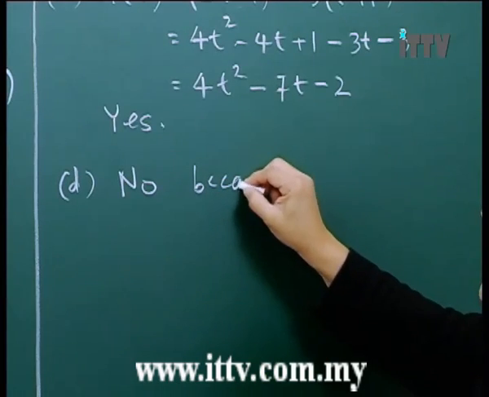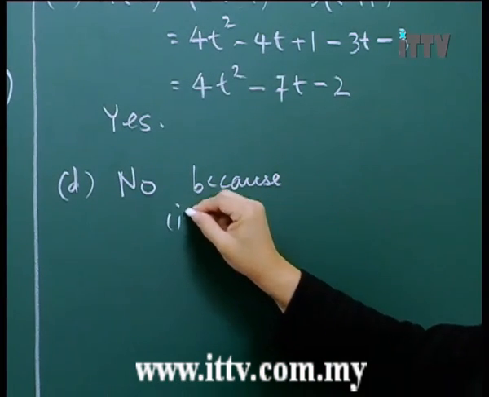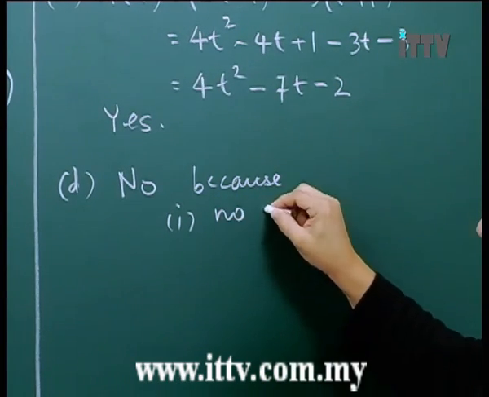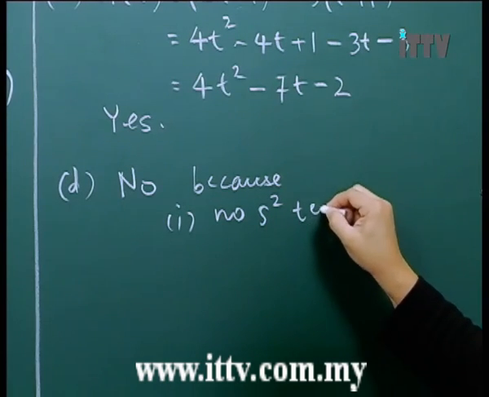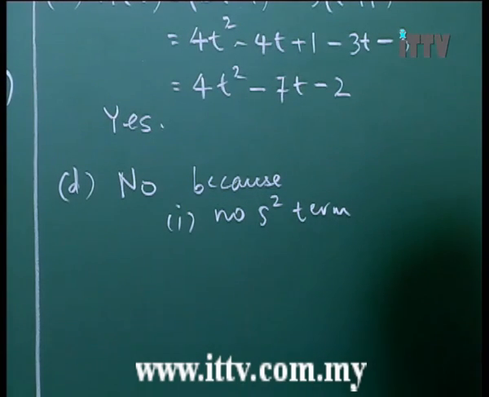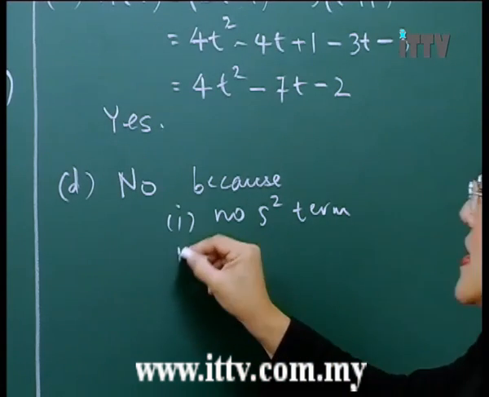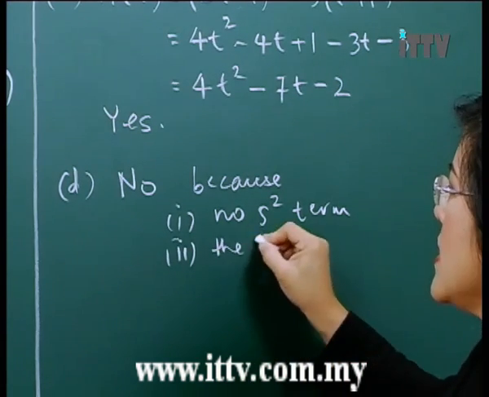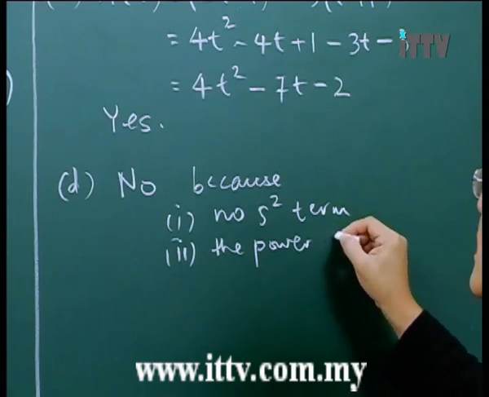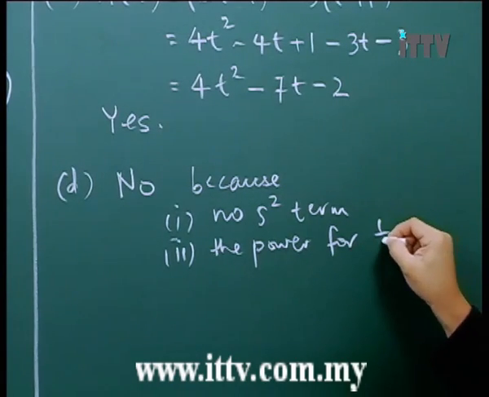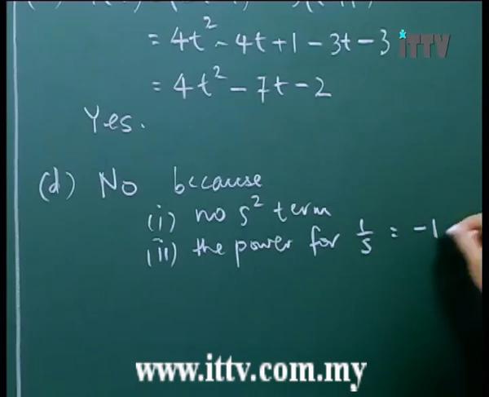Let's put that down over here. Firstly, it is not a quadratic function because it does not have any s squared term. And secondly, because the power for 1 over s is negative 1.